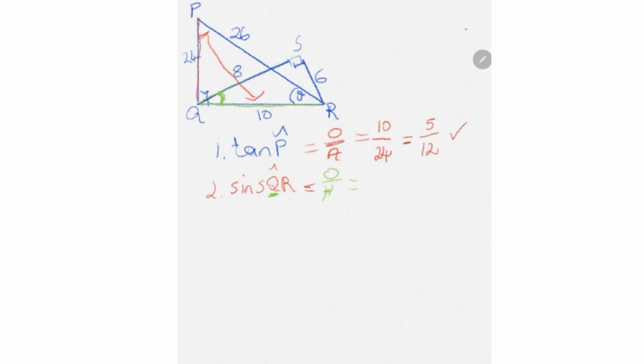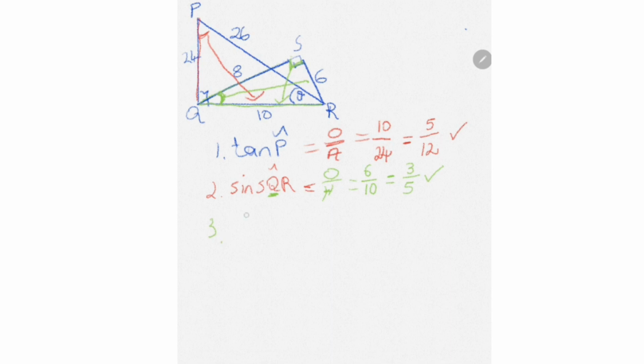What is opposite this angle SQR? It's the number 6. The hypotenuse is always the side facing the 90-degree angle, which is at S, and that is side QR, which is equal to 10. So 2 goes into 6 3 times, and 2 goes into 10 5 times. Therefore, sine SQR is equal to 3 over 5.